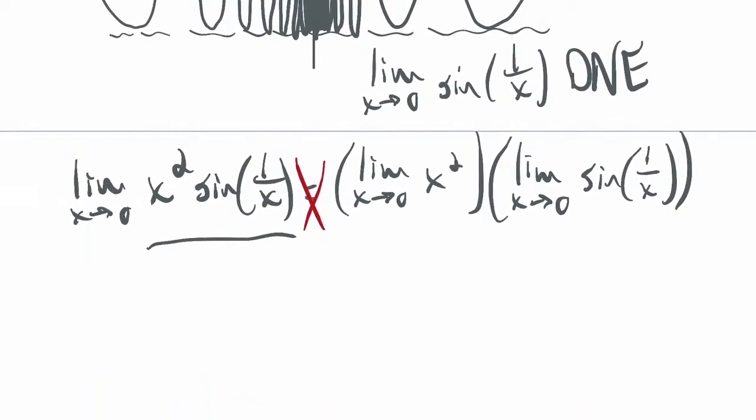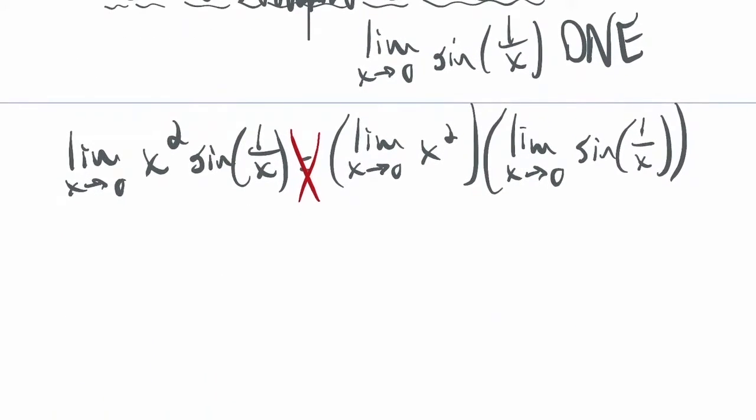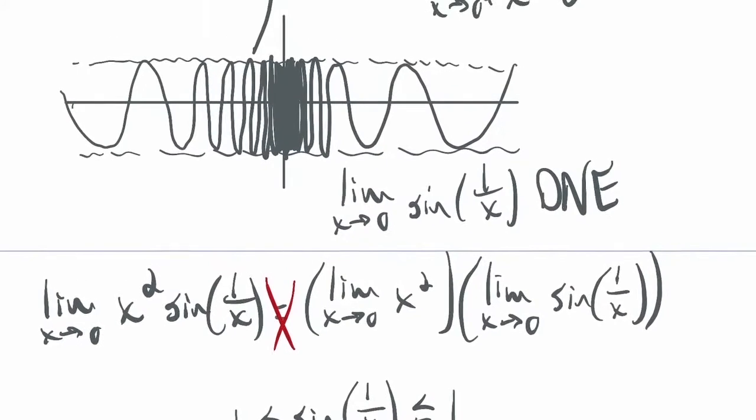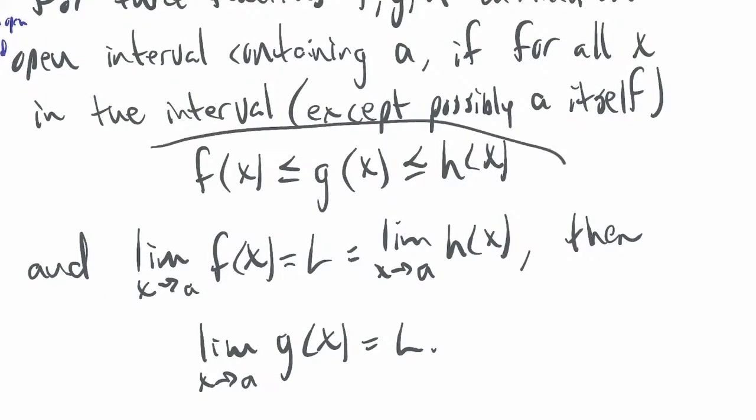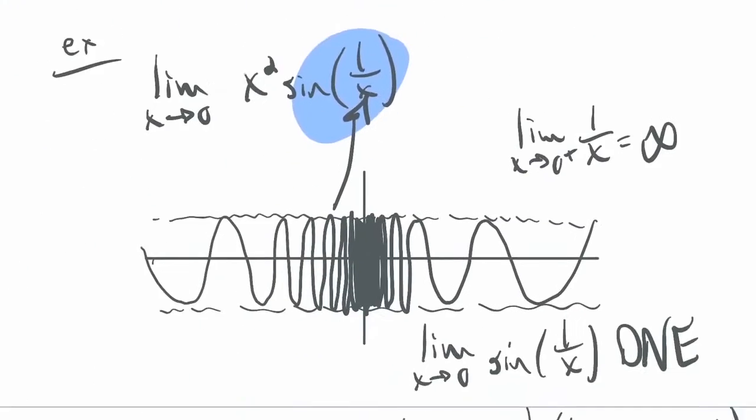So I know that sine of 1 over x is less than or equal to 1, and simultaneously greater than or equal to -1. It's stuck between those two. That's just the range of the sine function. We're starting to build an inequality that puts the function we care about in between two easier-to-deal-with functions. So you have to build this inequality yourself.